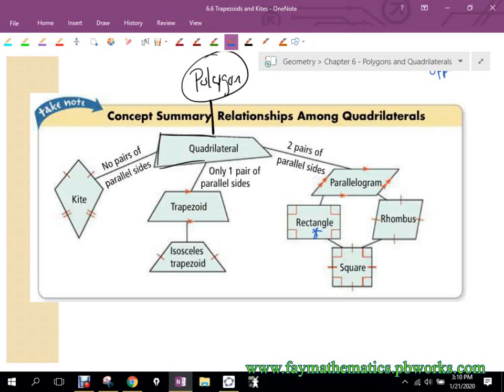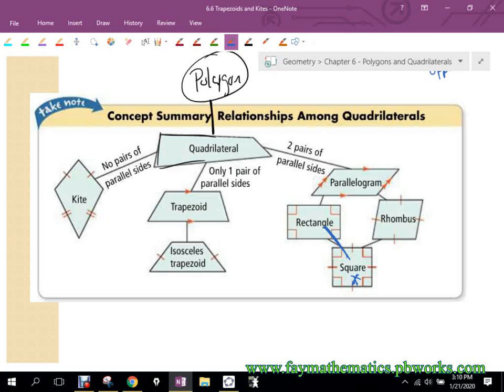So all these subgroups are classified first as the group or the tier that is above them. So a rectangle is not a square, but is a square a rectangle? Should be, because I can move upward to it, right? Okay. So knowing that flow chart, knowing that picture, kind of a graphical organizer, can help you answer those types of questions.